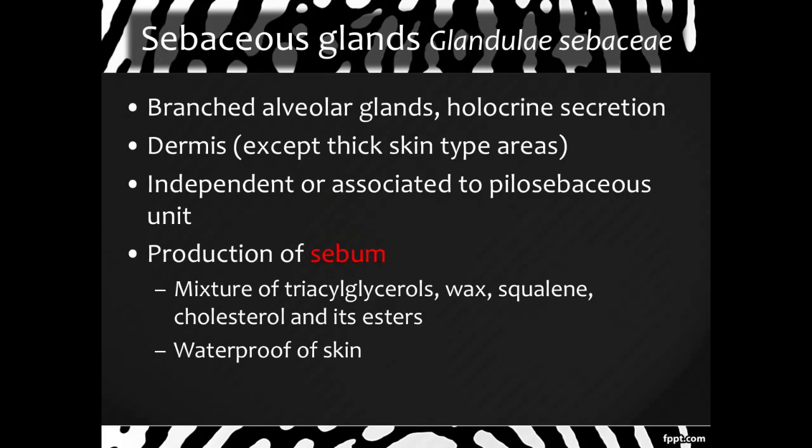Let's start with sebaceous glands. Sebaceous glands are branched alveolar glands with holocrine secretion. What does it mean? The secretion is the sebum, which is the product of the entire cell, which becomes filled with fatty products while it undergoes programmed cell death, apoptosis, as the sebum fills the cell.